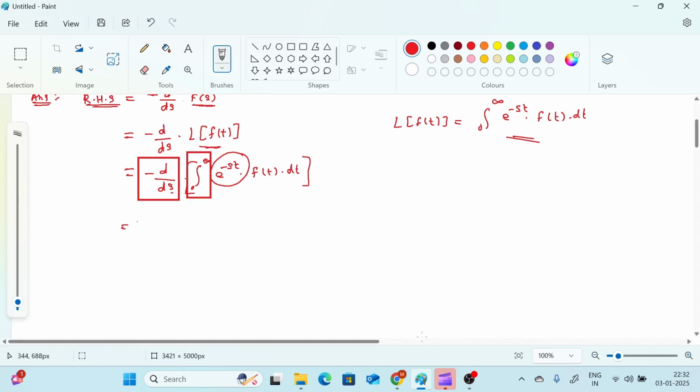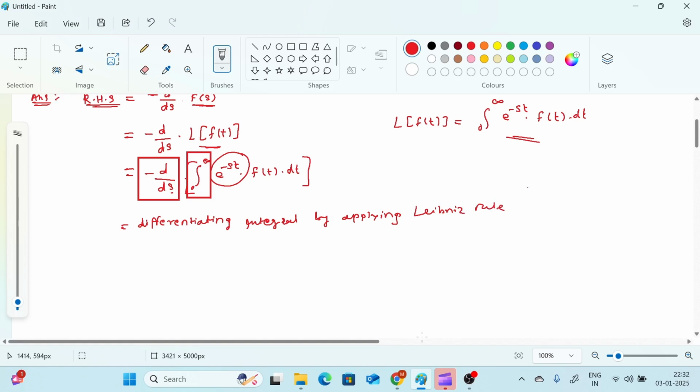So I will mention here: differentiating the integral by applying Leibniz rule.